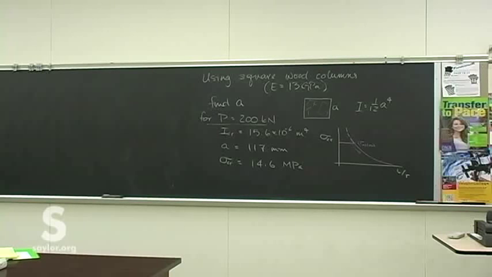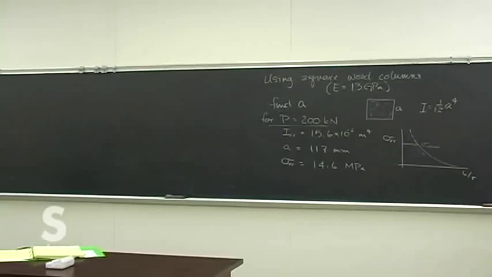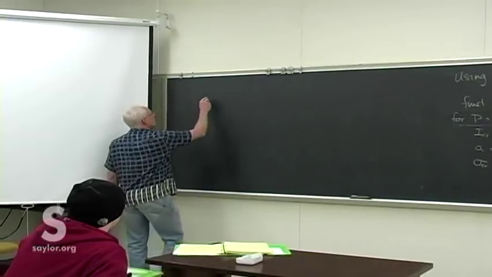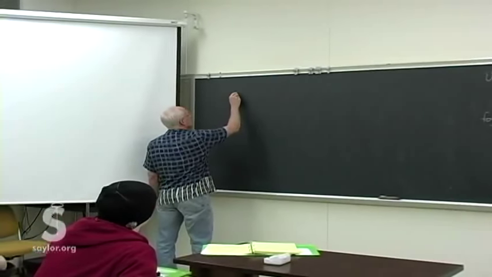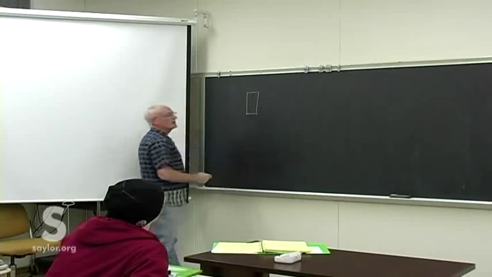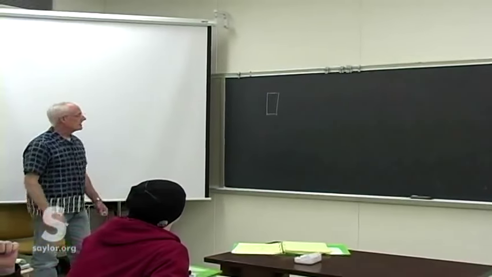All right, okay with that one? David, you're happy with that? That's for square timbers, and part of the reason square timbers are used for posts most commonly is because there is a bias in the orientation of the solid itself.